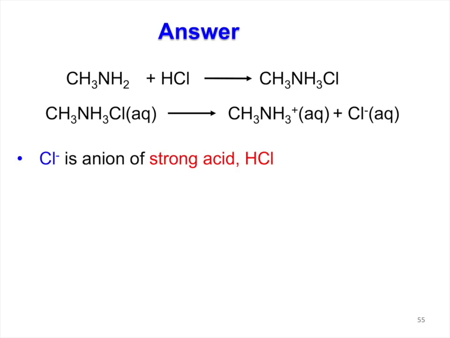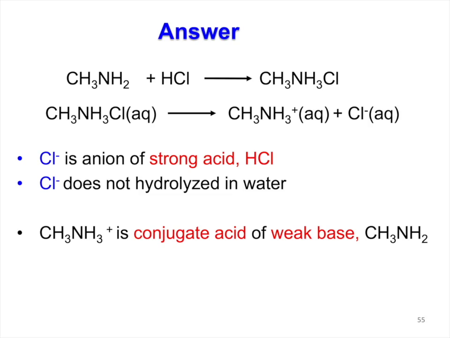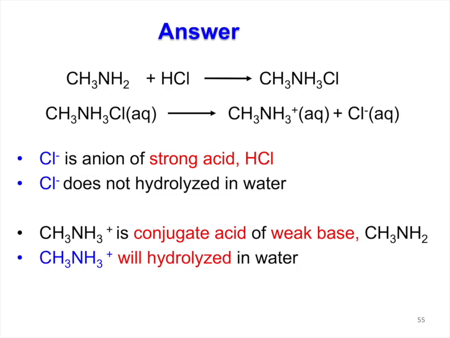Cl- is a conjugate base of the strong acid HCl. So it is a weak conjugate base. So Cl- does not hydrolyze in water. CH3NH3+ is a conjugate acid of a weak base. So that means this is a strong conjugate acid. So it will hydrolyze in water.